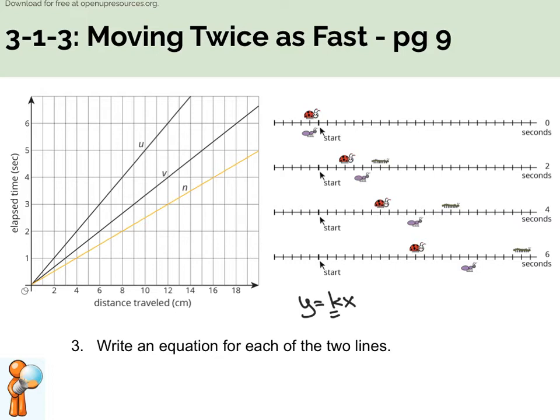All right, so let's go ahead and let's find that out. So let's put the ladybug in red. So what was the rate of change, that unit rate of change? Remember, we did that, actually on page 8, we found that. So the ladybug is the y equals 1 over 2x. And so it's because remember, when we're finding this k, it's going to be our vertical over our horizontal.